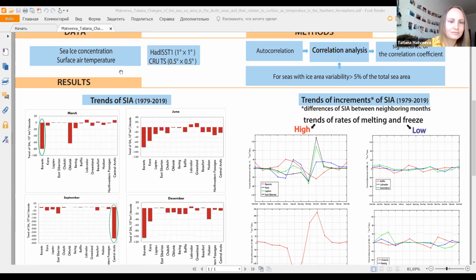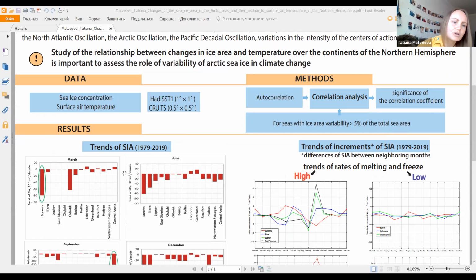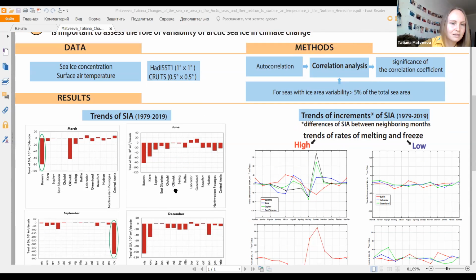As you can see here in the red columns and histograms, the trend of decrease of Arctic sea ice is the highest in the Barents Sea in winter.